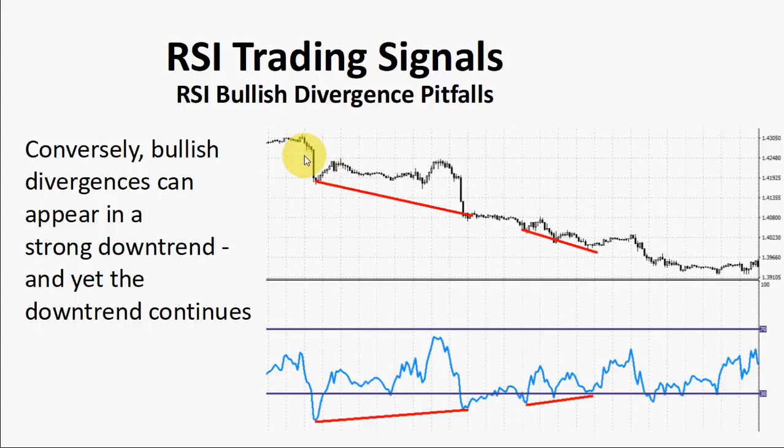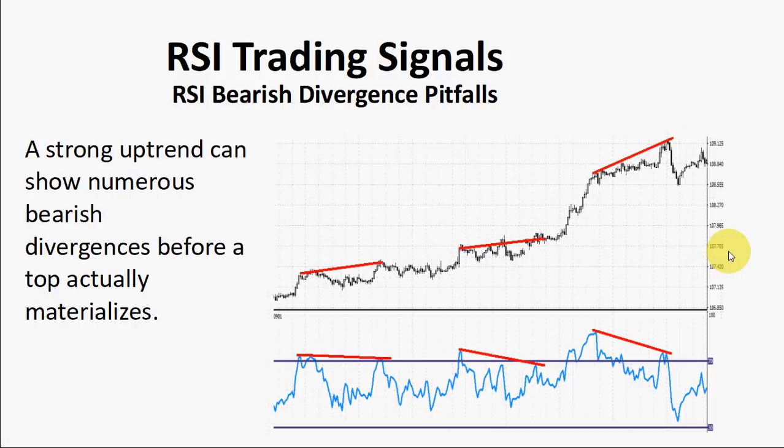You see we have a strong downward trend. Meanwhile, RSI is giving us bullish divergence, signifying there is going to be a change in direction. However, there is no change in direction. We still keep moving downwards.